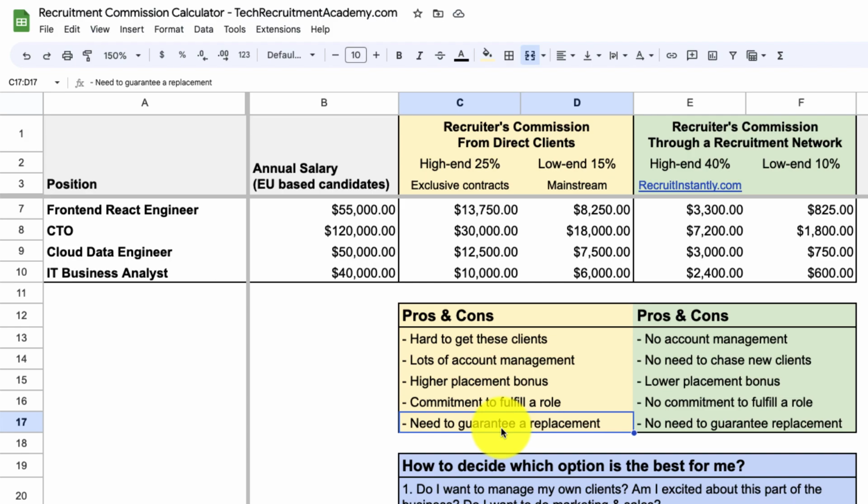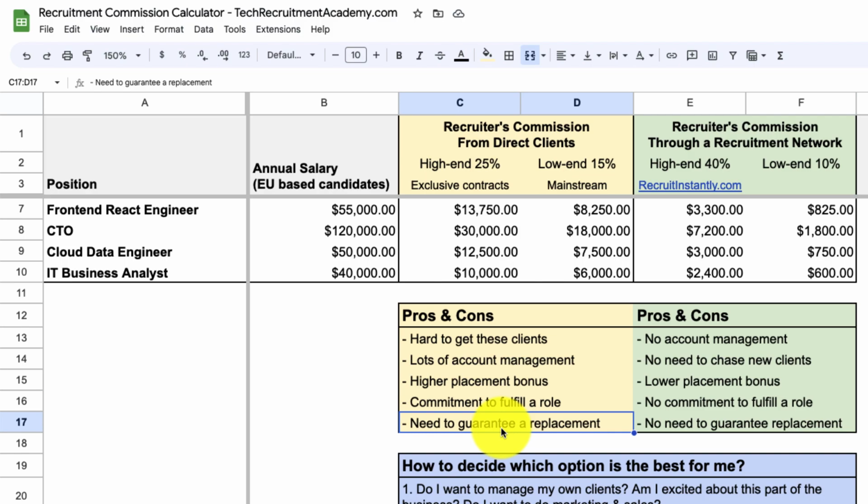And then the candidate from your first client drops and you are still in the guarantee period. So you need to start looking for the replacement. But now you have the other client to work for, and that could get really messy, because what do you do? If you refund the money, then it essentially means that you need to pull the money out of your pocket and return it to the client.